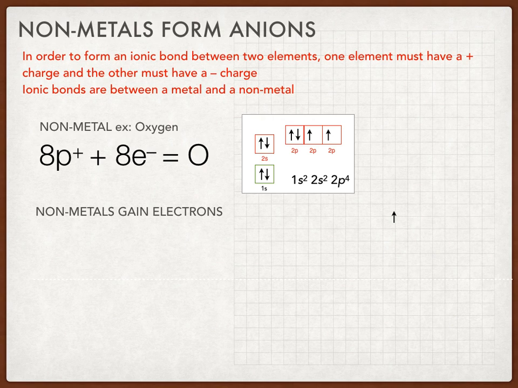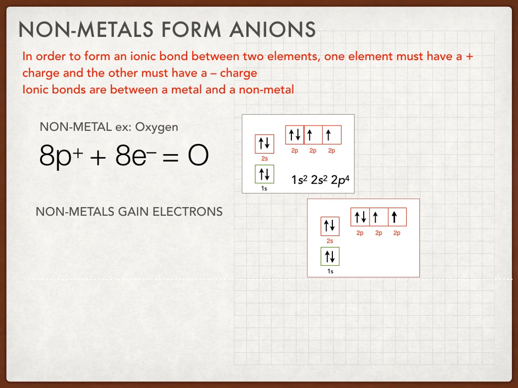So when oxygen interacts with a metal, all right, it gains electrons, and it gains two specifically. Why? Well, that's because we want this full valence shell, right? So what we're doing here is we're going to fill the last two half-filled 2p orbitals with 2 electrons. And I have to pair them spin down, and that's in red.